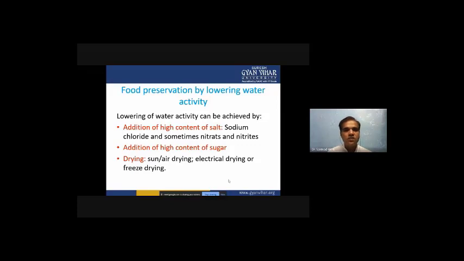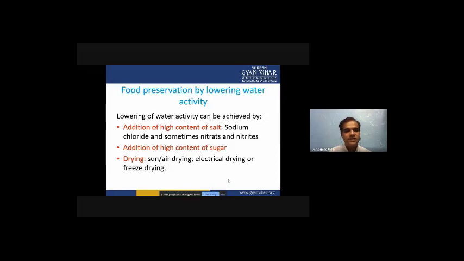We can add high salt so that we can decrease the water content: sodium chloride, and sometimes nitrates and nitrites also, so that water activity will be reduced and the salt concentration will increase. The increased salt concentration can preserve the food material. Then addition of a high content of sugar will have the same effect as increasing the salt concentration.